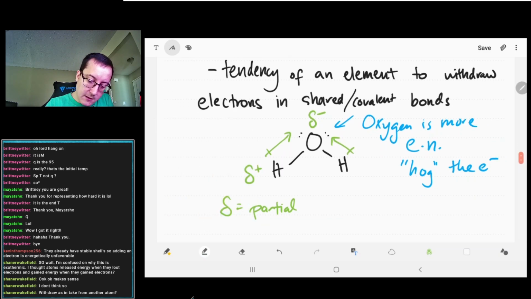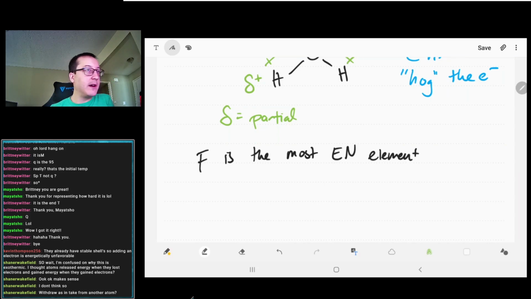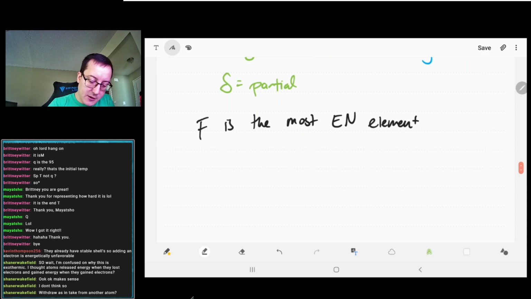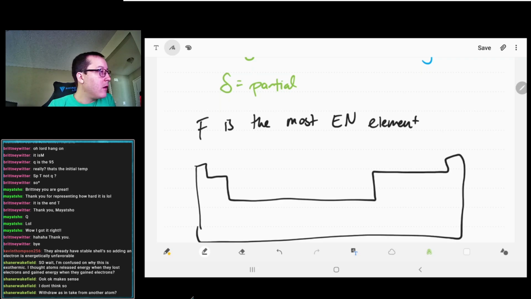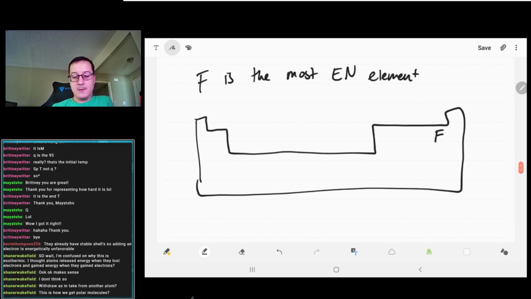We're going to see that fluorine is going to be our most electronegative element. Right here's fluorine, as always.